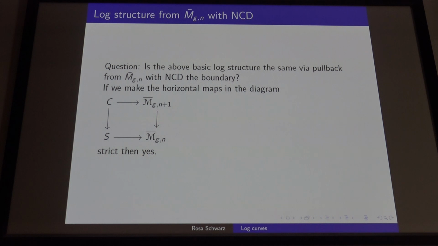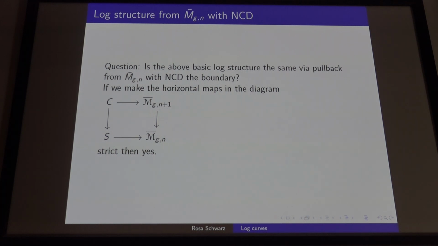And then the boundary, so these are the not smooth ones, so the nodal curves, the boundary will form a normal crossing divisor. And then you could ask whether in the space M_{g,n} bar, you can give this the natural log structure.